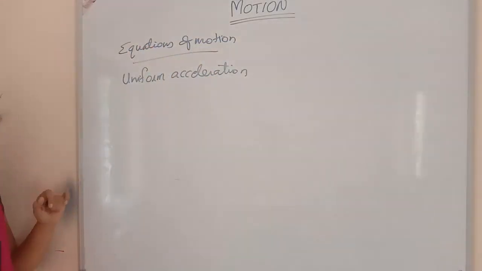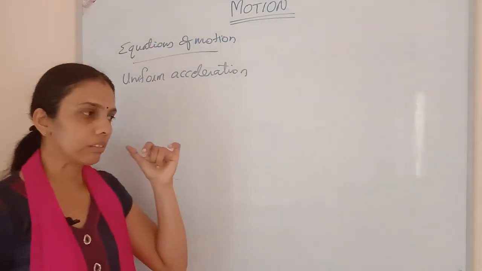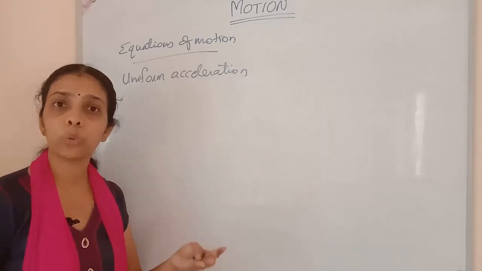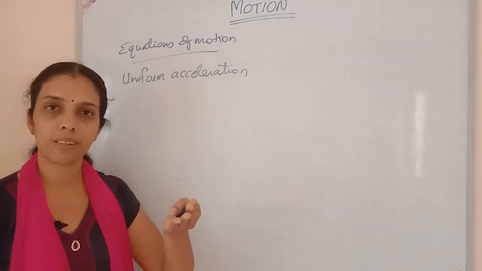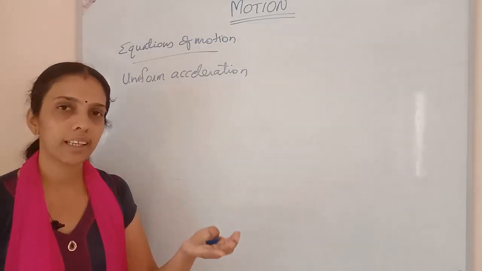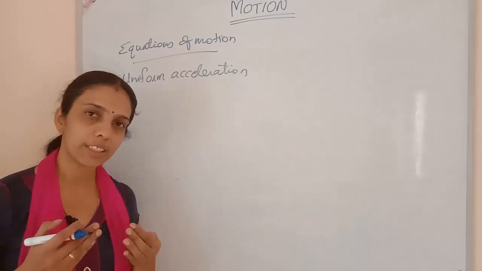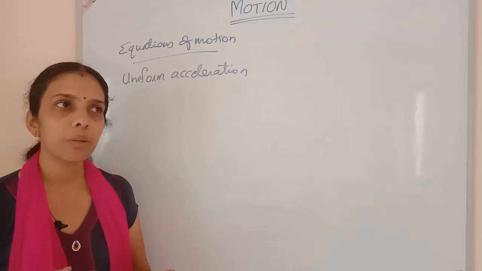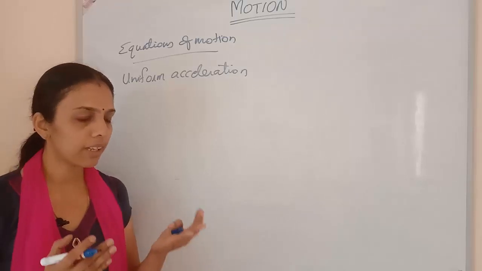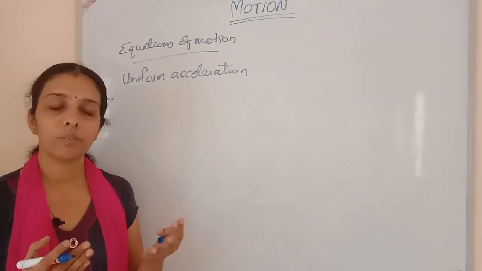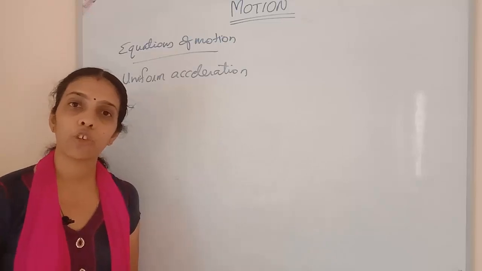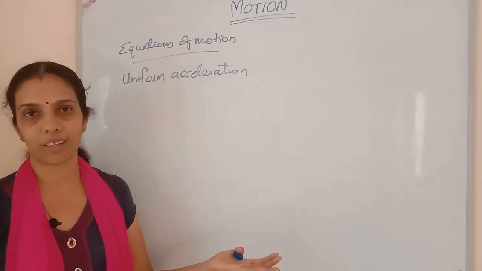then only can we use these equations of motion. Usually children will be doubtful whether we should use the formula velocity equals distance divided by time, or acceleration equals change in velocity by time, which we already learned. Children get confused while reading the question about whether to use the equations of motion or the previous formulas.